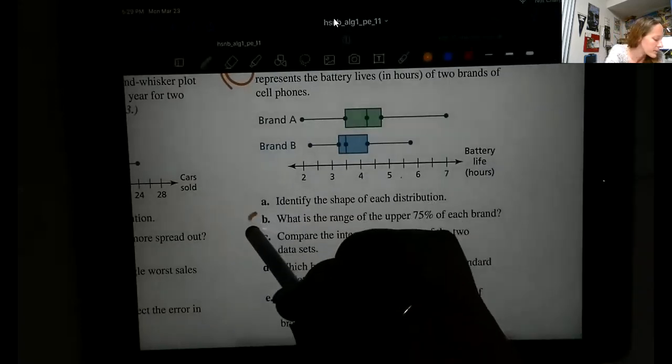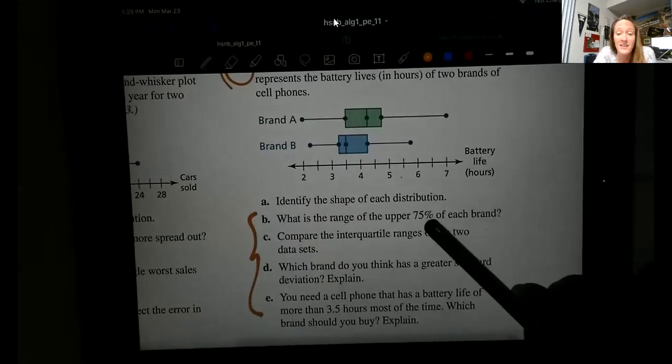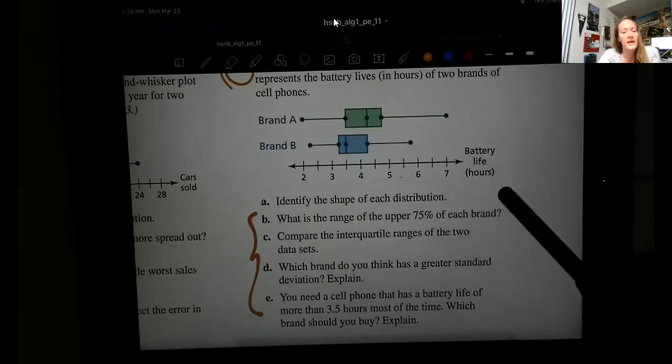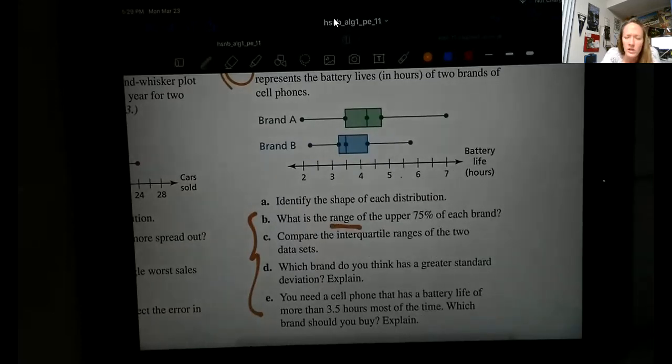You're still using the box and whisker plot, and remember, this is the end of section 11.2. You might be using some of that vocab from 11.2a. So keep a really close eye on the vocab that they're asking, like what is the range? Range is subtracting a higher minus a lower.